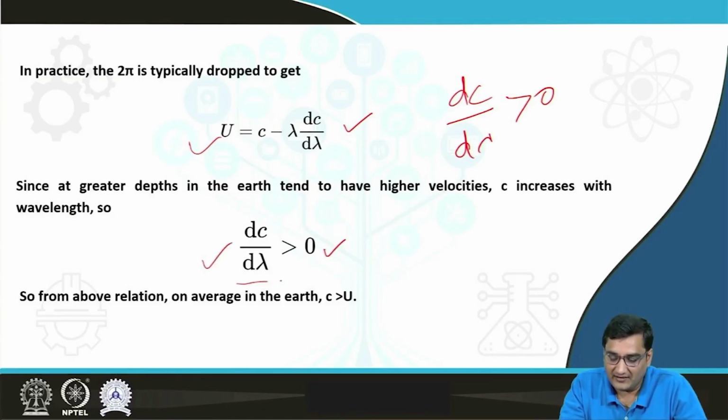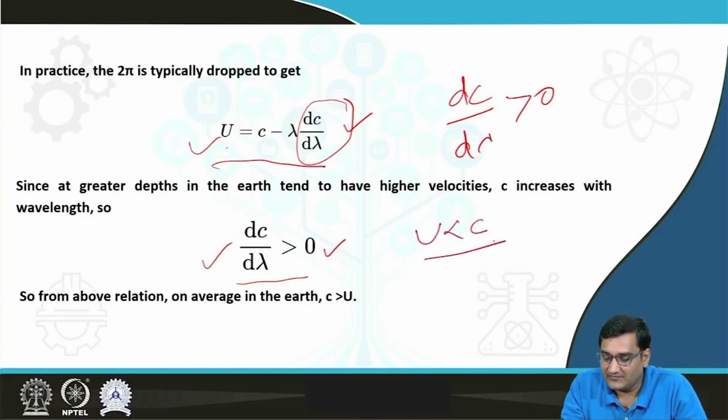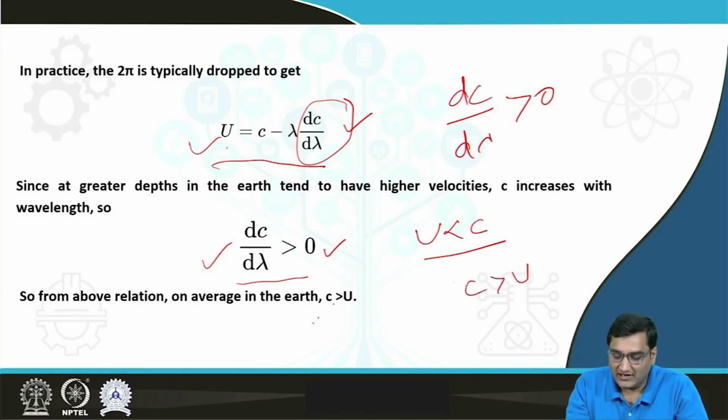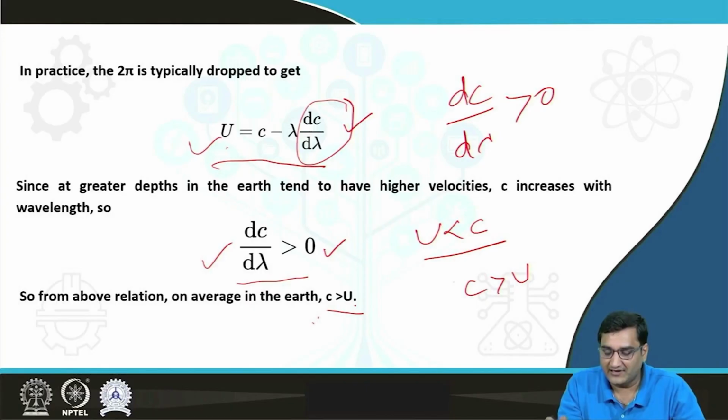If that happens, then this particular term will be greater than 0, which means that using this term we can conclude that u will be less than c, or you can say c is greater than u. So that is what is written. For an average earth, this condition must hold true.